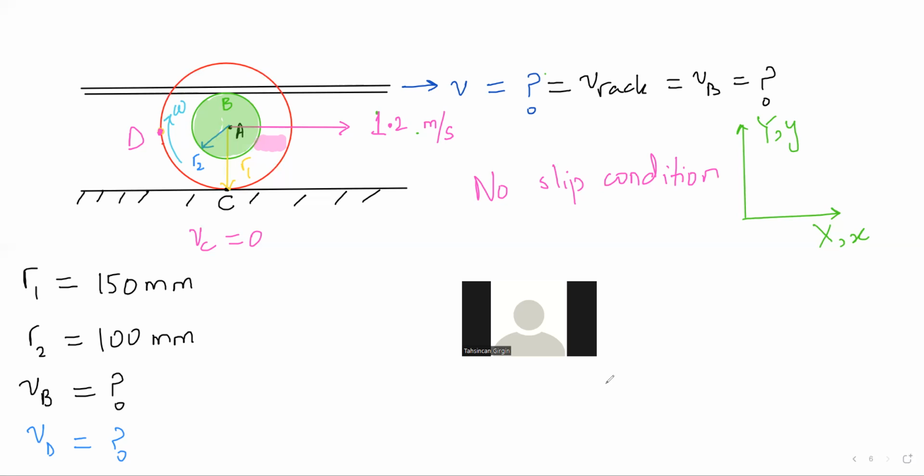VA is known to you, VC is 0. The only unknown in the equation is omega. So it will be... I understand what one of the students said, but I really want you to go through the complete drill.